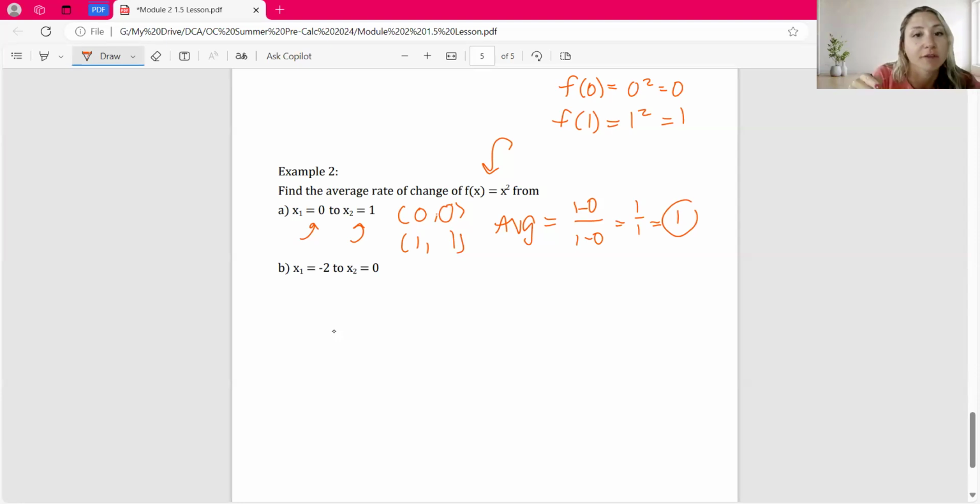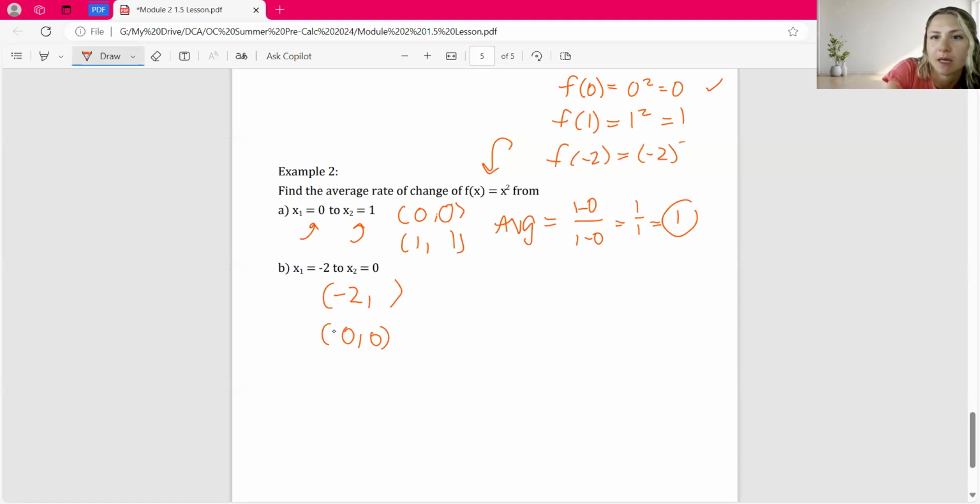We want to find the average rate of change of f of x equals x squared from x1 equals -2 to x2 equals 0. So I've got two points here: -2 comma something, I don't know yet, and then 0 comma, well, I already know that's going to be 0. If I substitute in -2, I'm going to get the y value of 4.